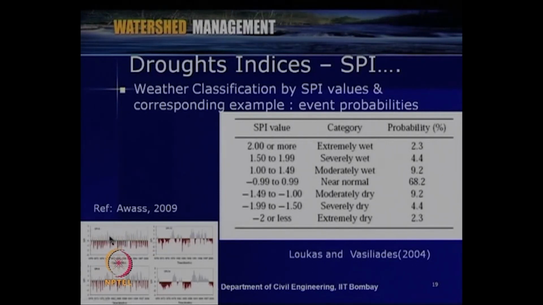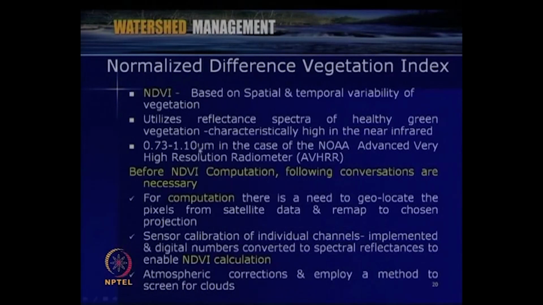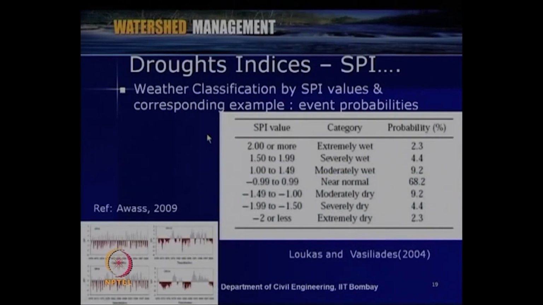We can also derive the SPI with respect to the rainfall pattern. The details are given in the reference Avas 2009, and this table is taken from Lloyd-Hughes and Saunders 2004. These reference details are given at the end. So, that is about the SPI, or standardized precipitation index.